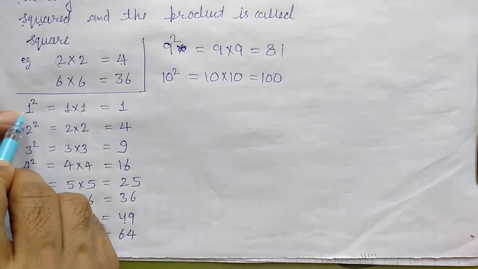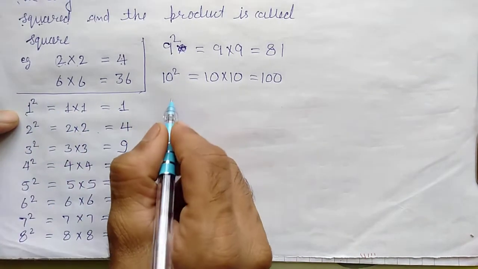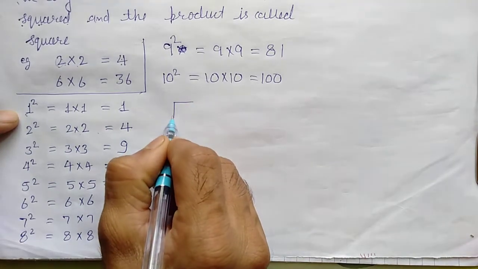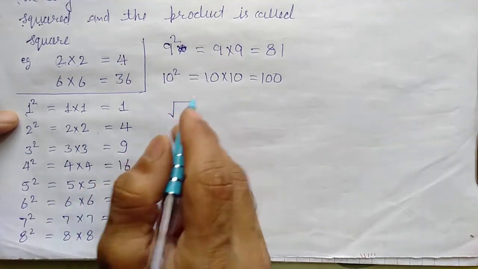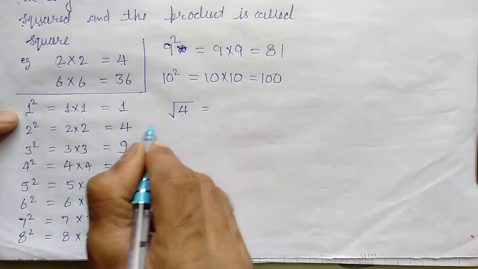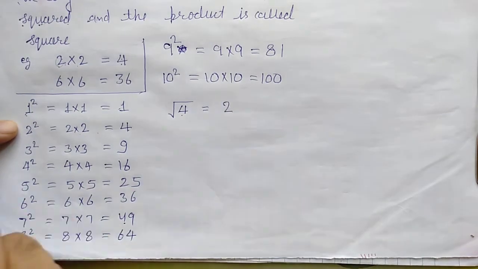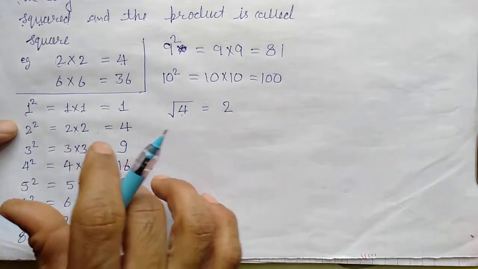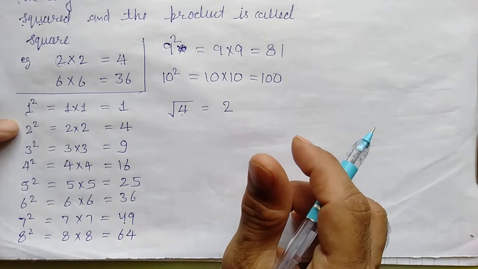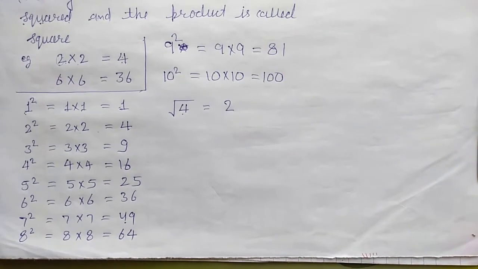Actually these numbers are called the square roots of the square numbers, right? And how to denote it? This is the sign of square root. Suppose I want to find the square root of 4. The square root of 4 is 2. So this will be equal to 2, right? These are called square numbers.